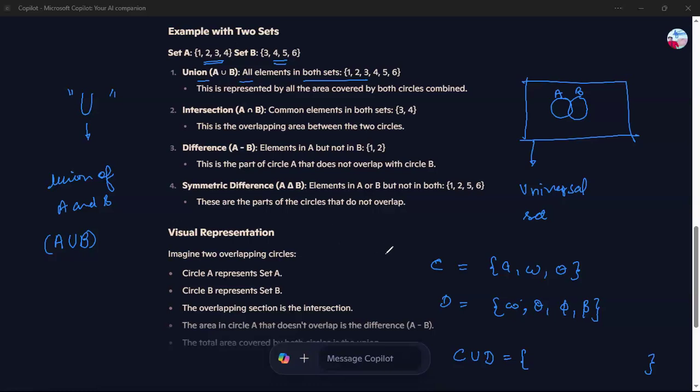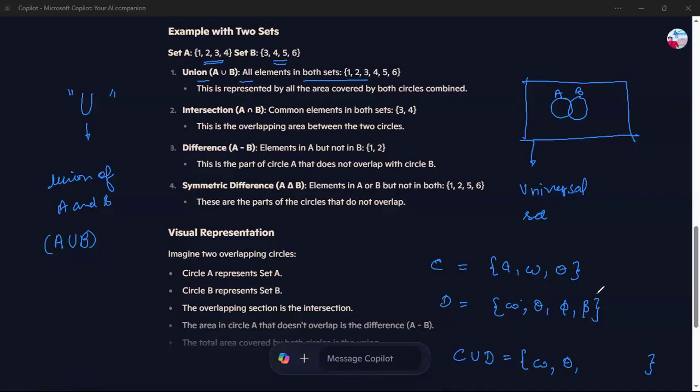Sir, omega. What will be its union? Union of set C and D? Omega and theta. Only two elements.